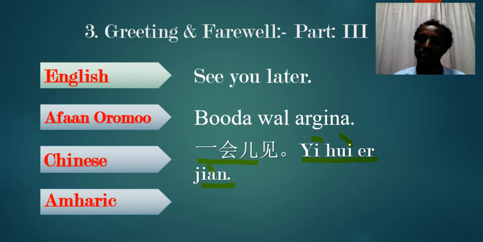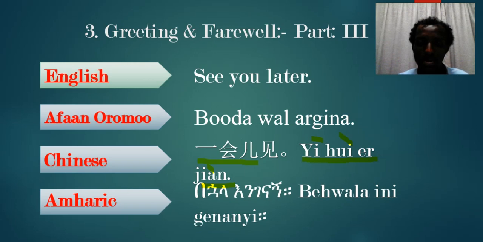Sometimes it is not needed, like some apostrophe will be in here. In Amharic it will be Bohala enigganay. All of them are really the same, and we will continue to the last one.